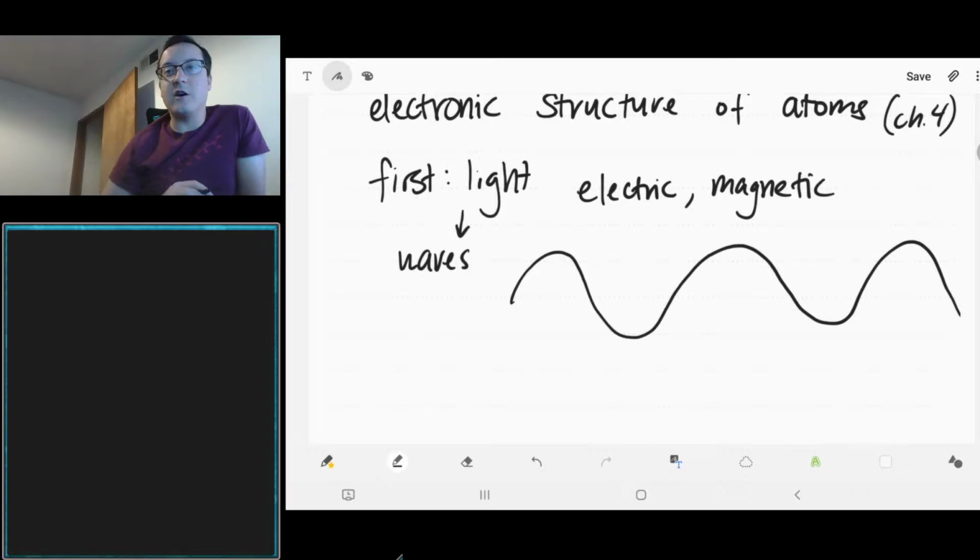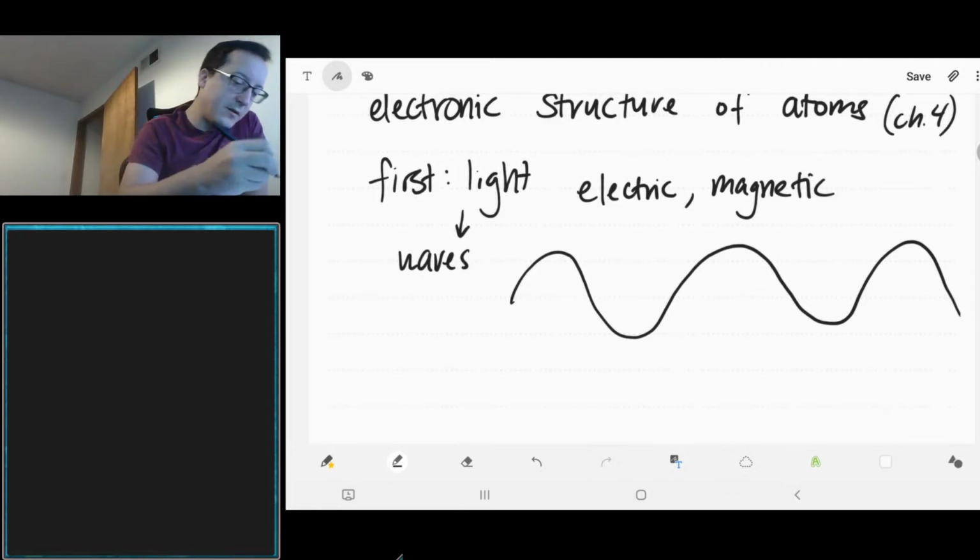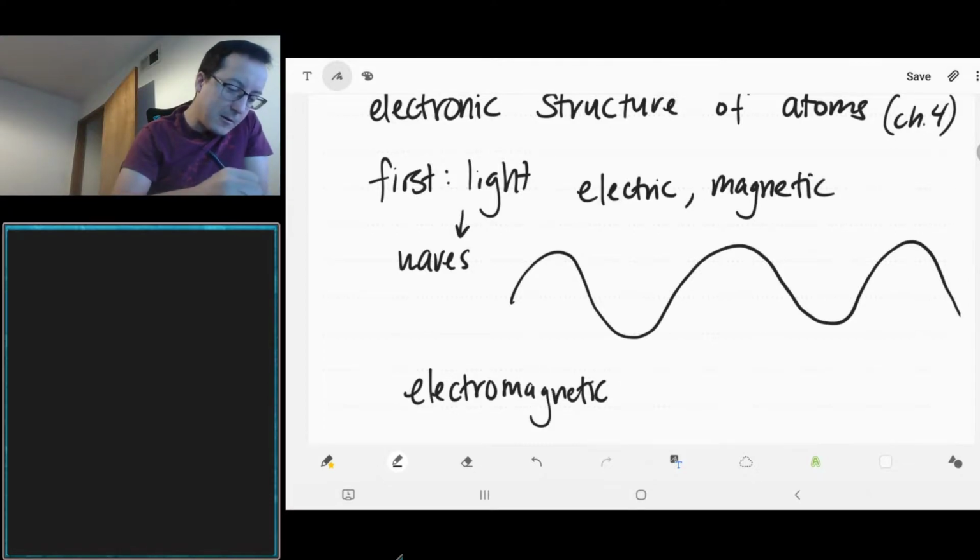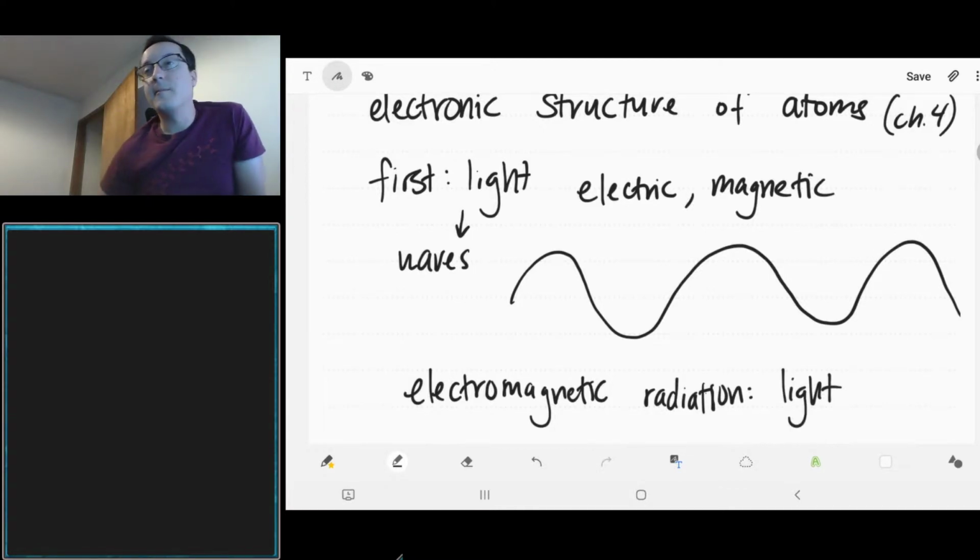And so these are often called electromagnetic waves or electromagnetic radiation. Again, that's the same thing as light. Of course, as chemists and scientists, we just have to have fancy names for everything. So technically, this is called electromagnetic radiation, and we're going to learn a lot about it.